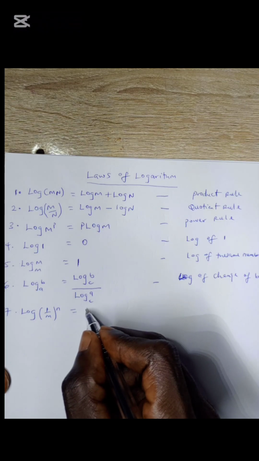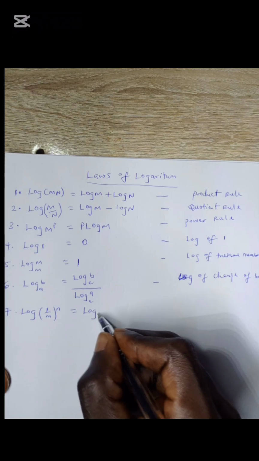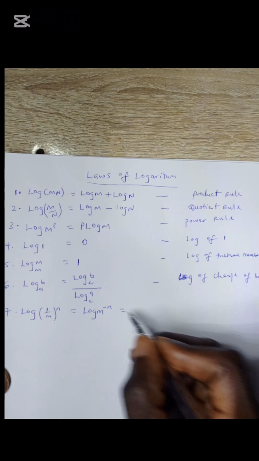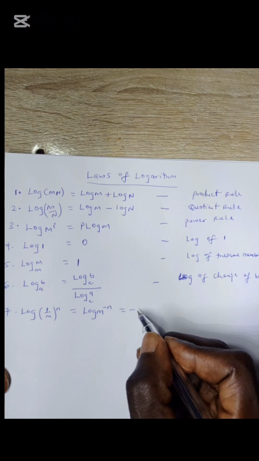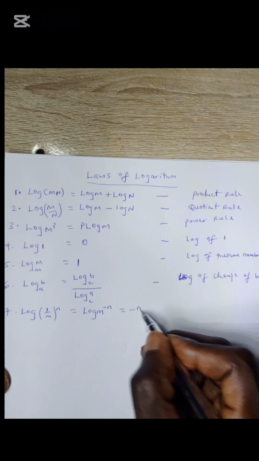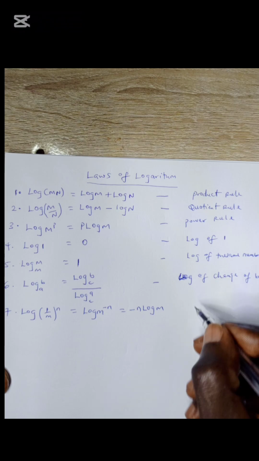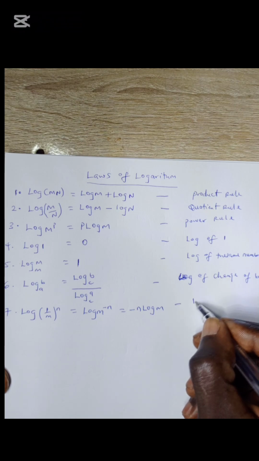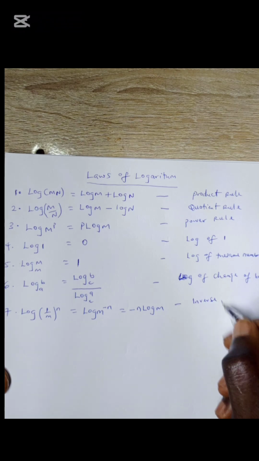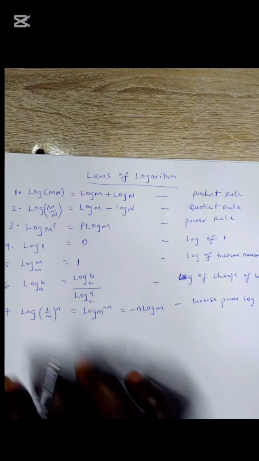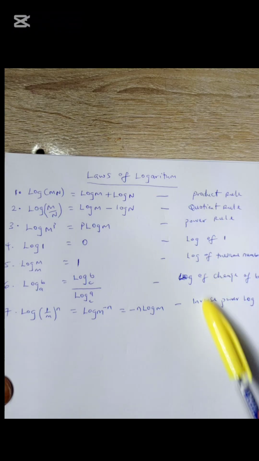So log m raised to power minus n is equivalent to minus n log m. This is the inverse power rule or power law. Do you understand? So these are the few laws of logarithm that we have.